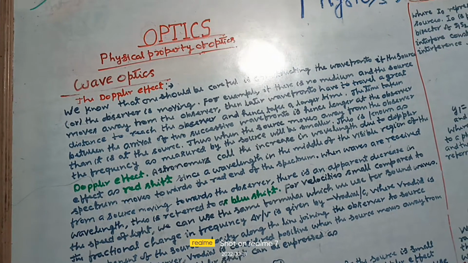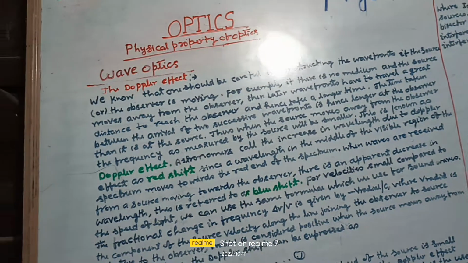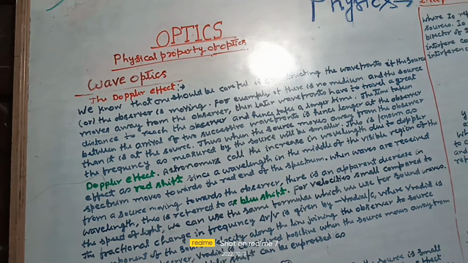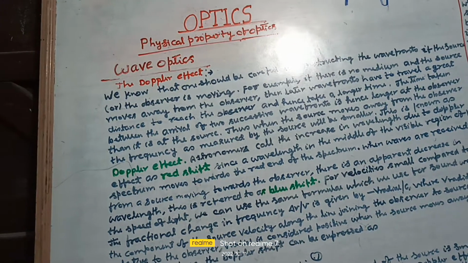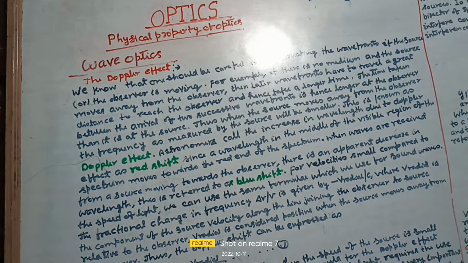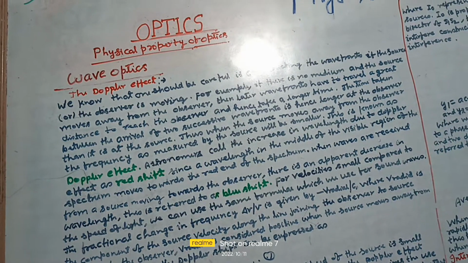For example, if there is no medium and the source moves away from the observer, then the later wave fronts have to travel a great distance to reach the observer and hence take a longer time.